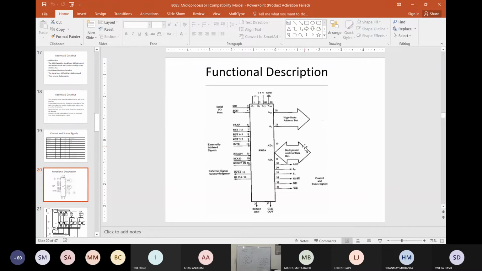Memory read: it tries to read the data from the memory. Are you able to understand that? Then memory write.